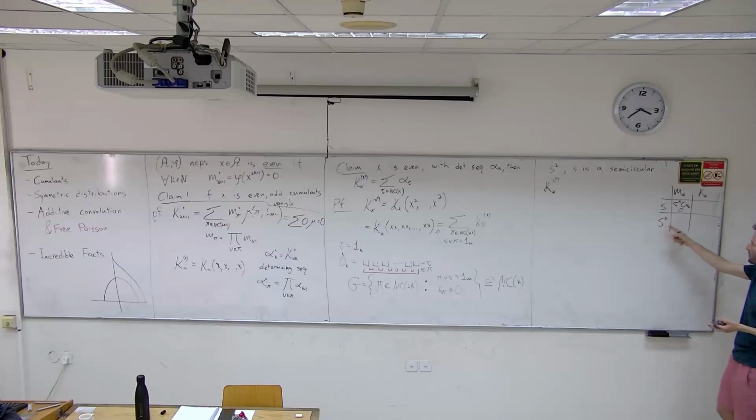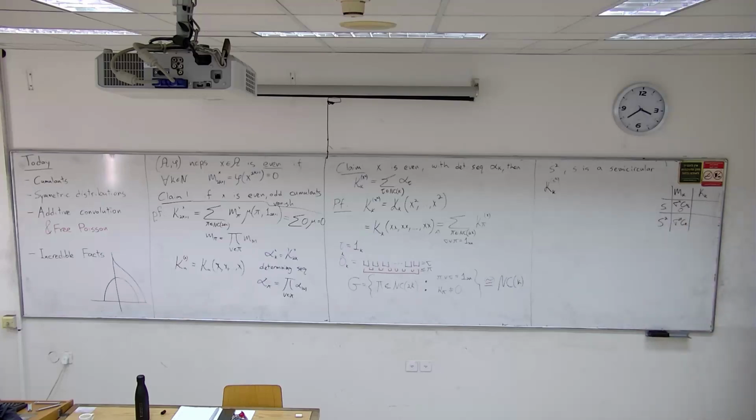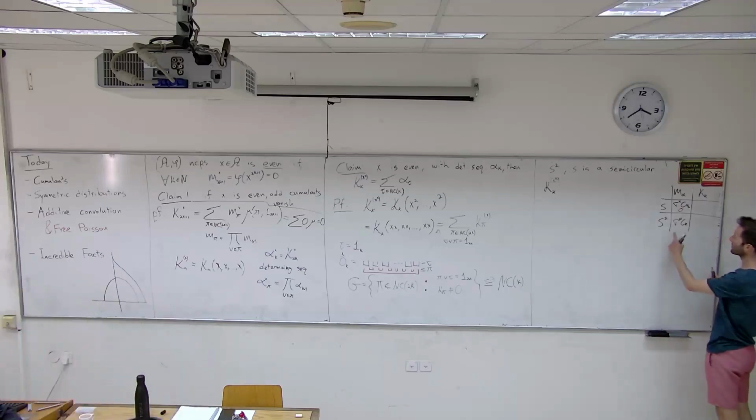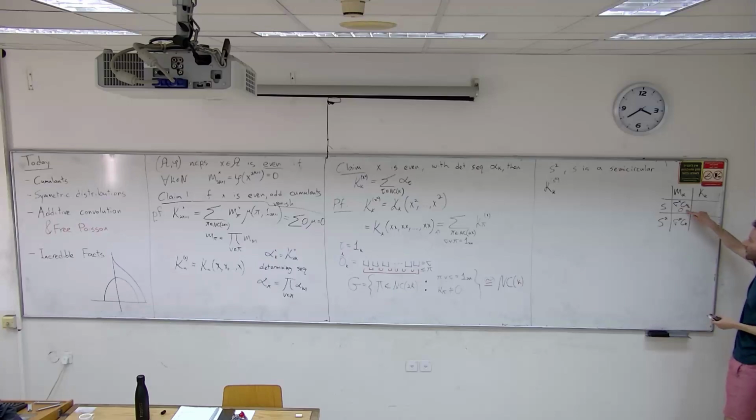For S squared, trivially, it's sigma to the K times the K-th Catalan number. This is almost by definition, because the kth moment of S squared is the 2K moment of S. The odd ones don't exist here, because this is already squared.